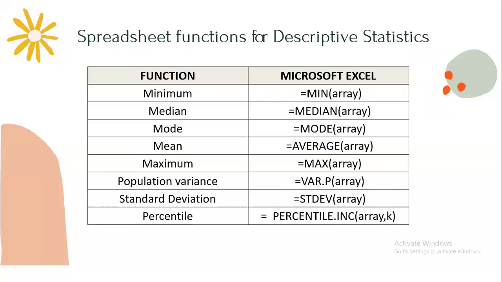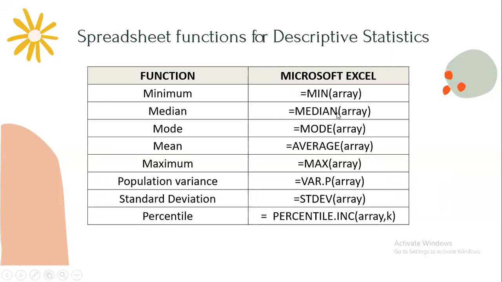All right, a couple of final things for you in this lecture. I need you to know that if you are ever in Excel and you want to calculate certain statistics, these are the functions that you can use if you have a huge amount of data. To find the minimum value, you can easily say equals MIN, open bracket, highlight all the values, close the bracket, and you'll find the minimum value.